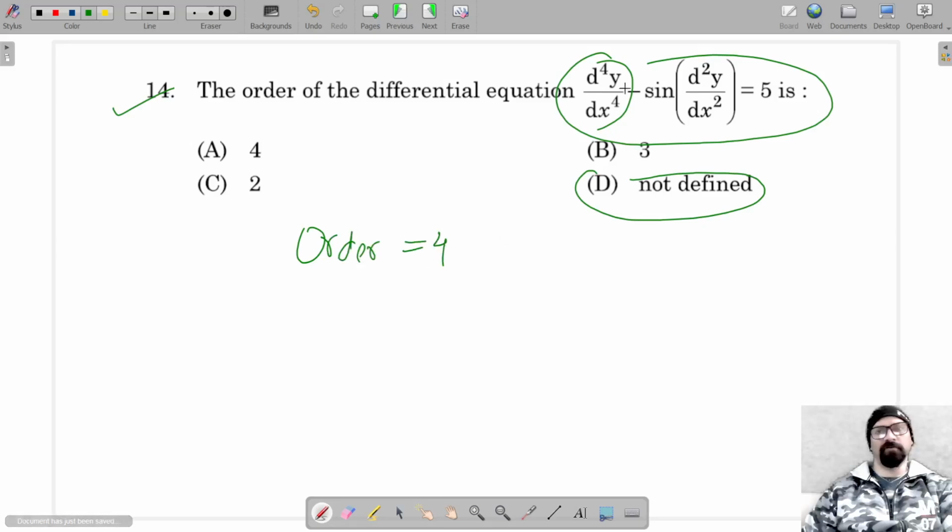Order is 4 because this equation has been differentiated 4 times. The order is 4, but the degree is not defined because this is not a valid polynomial differential equation. But since we are asked the order, we will say that the order is 4. So the correct option is A.